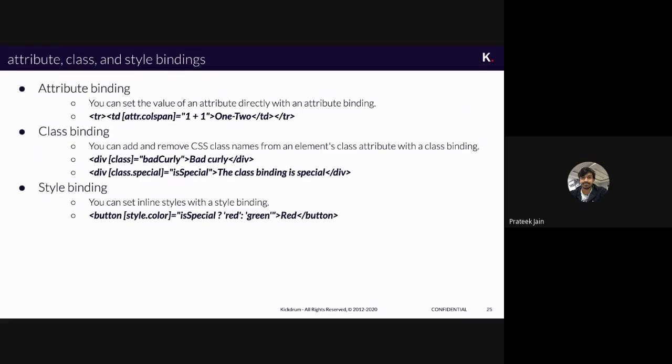So in this example, in the first example, we have the first attribute colspan, and there is 1 plus 1 written there. So the evaluation of that 1 plus 1 will be 2, that is a number. And property binding is taking care of the data type, and it is actually assigning the number data type to this colspan.